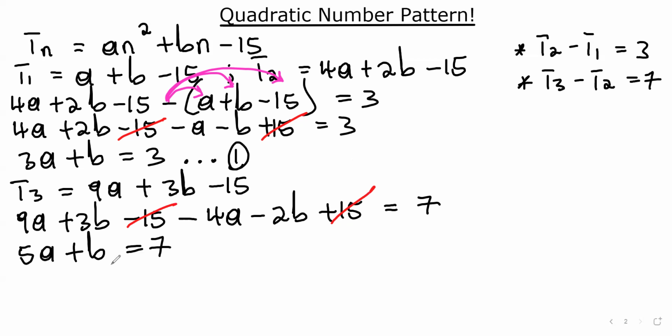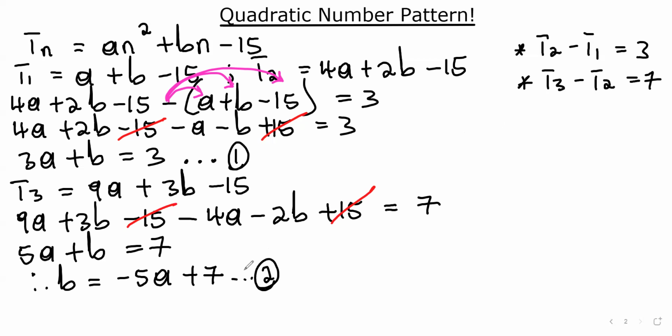And everything is equal to 7. So if you prefer to use the substitution method as I do, then every time you see b, you see negative 5a plus 7. And you call this your second equation.